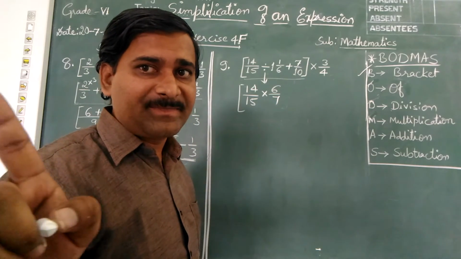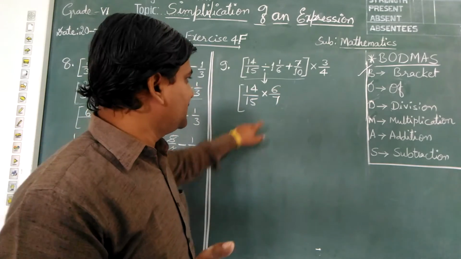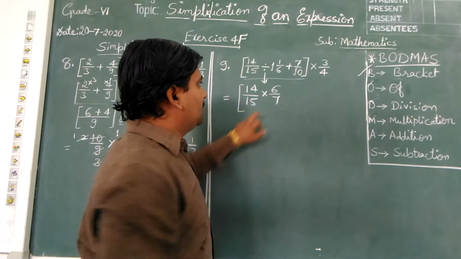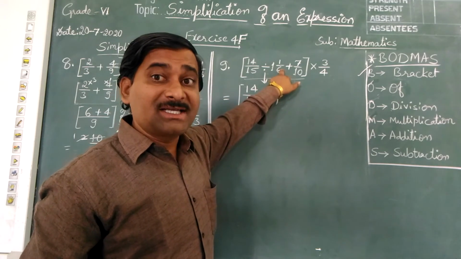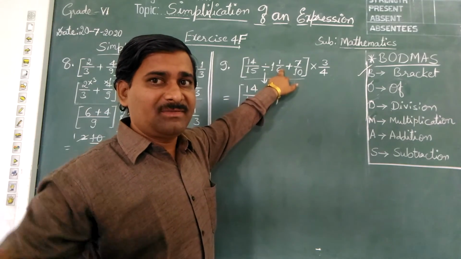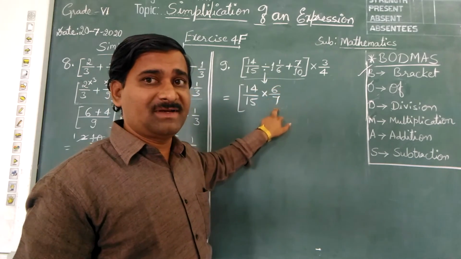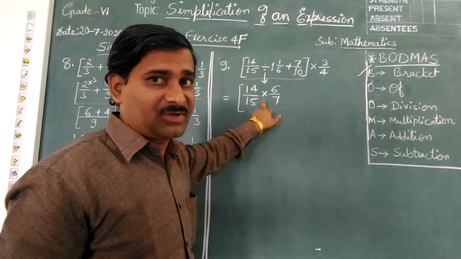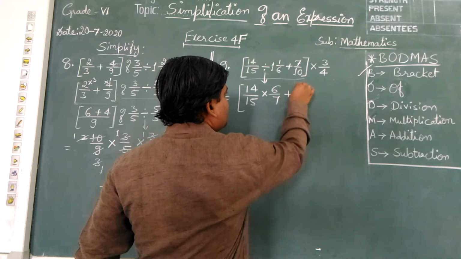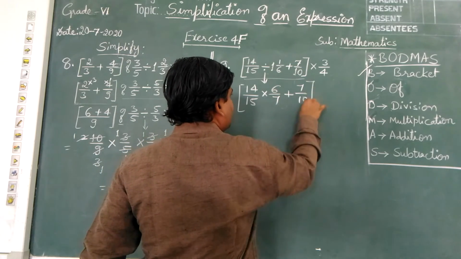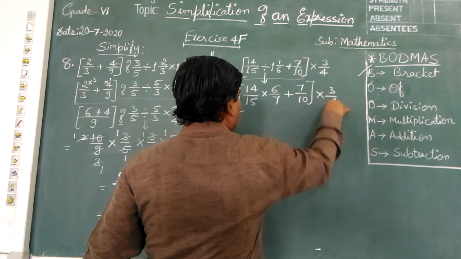One step I am just missing here. Actually you will get 7 by 6. So 7 by 6 can be written as 6 by 7 because we changed the sign, reciprocal. So plus 7 by 10 as it is, into 3 by 4.